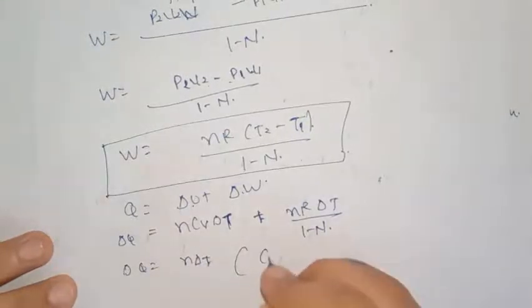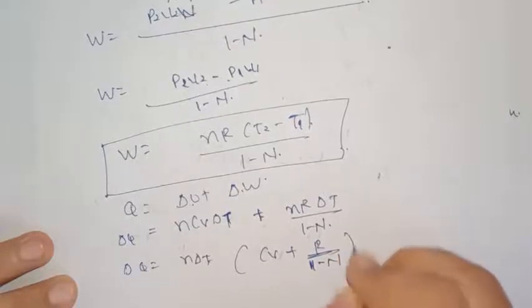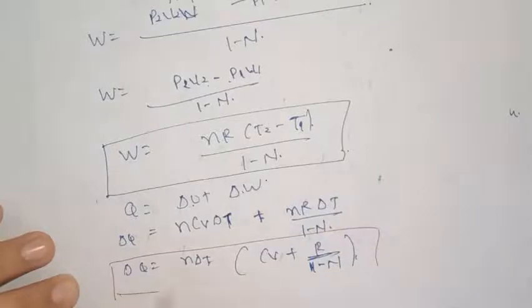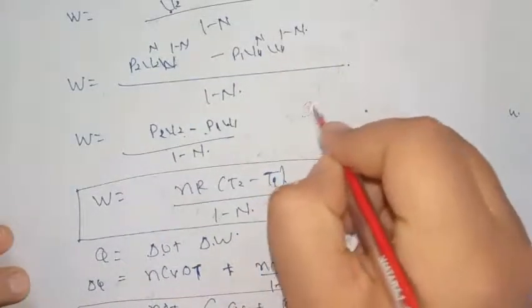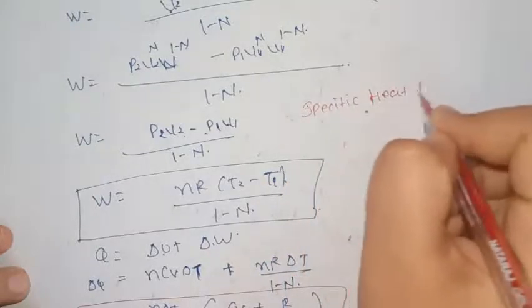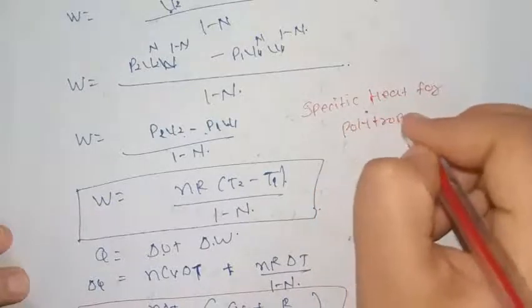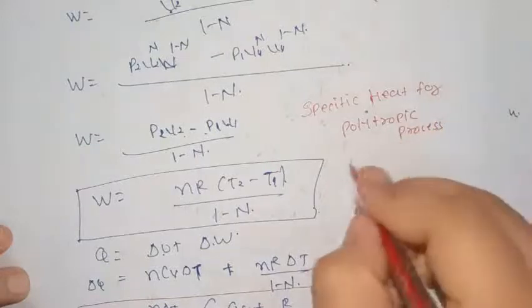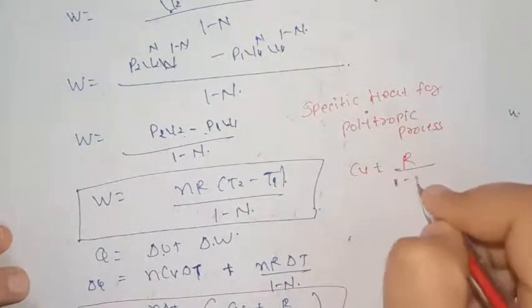So it will be Cv plus R upon 1 minus n. So from this we can write that the specific heat for the polytropic process is Cv plus R upon 1 minus n.